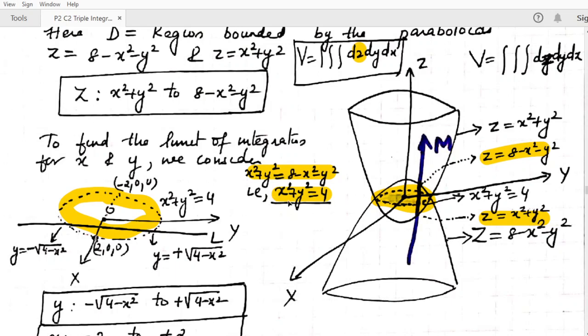Solving this, we get x square plus y square equal to 4. This is the shadow of D on the xy plane. Now, using this shadow, we will find the limits of x and y.